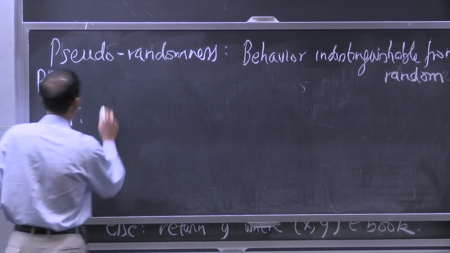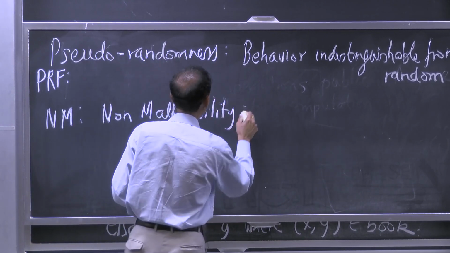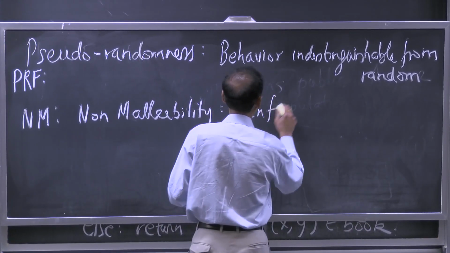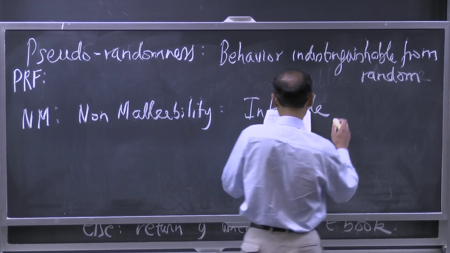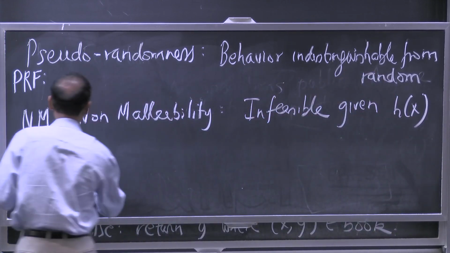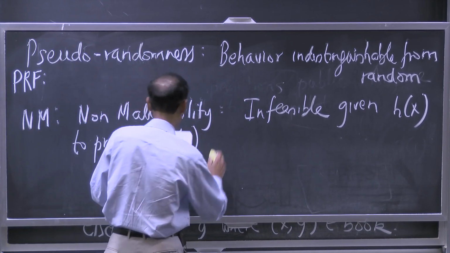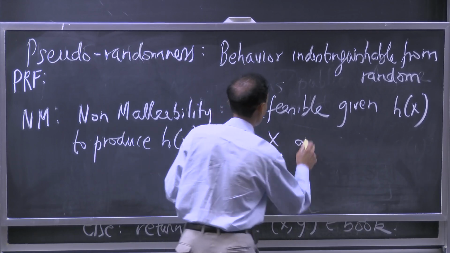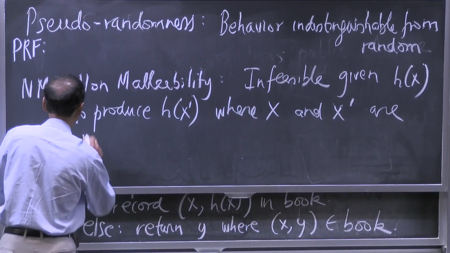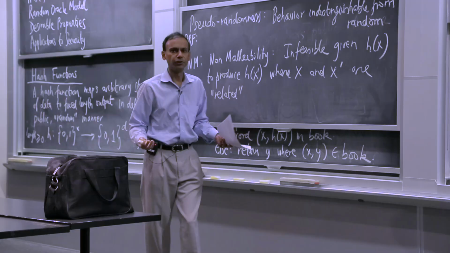And then the last one is a bit tricky, and we will have an app that requires this way at the end. But this says it's infeasible, given h of x, to produce h of x prime, where x and x prime are, and it gets a little bit fuzzy here, related in some fashion, right?